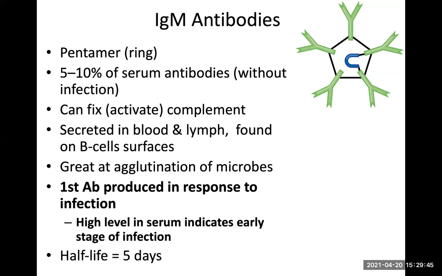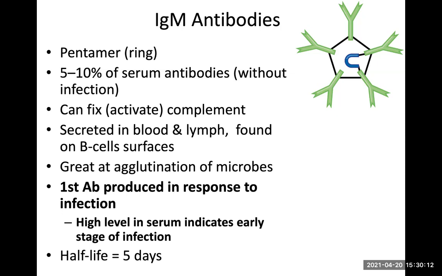Also, this tends to be the very first antibody produced in response to infection. So when someone is first experiencing infection, once it's been enough time for them to be produced, 7 to 10 days post-exposure, you're going to see a very high level of IgM antibodies in their serum.